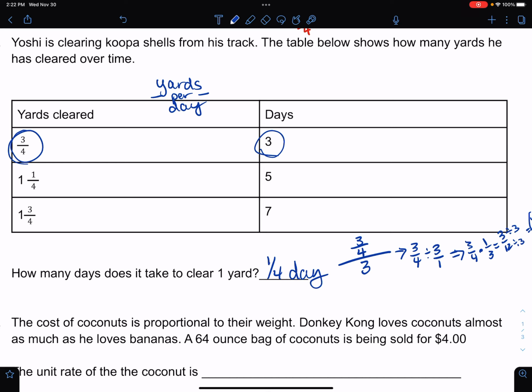Yards per day. I know that you guys are probably sitting there going, I know why, I know why. But I'm not doing a very good job of finding the why. So yards per day. So yards is on top, 3/4 divided by 3.